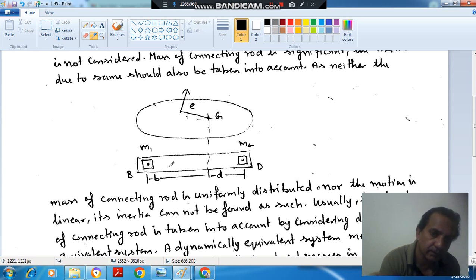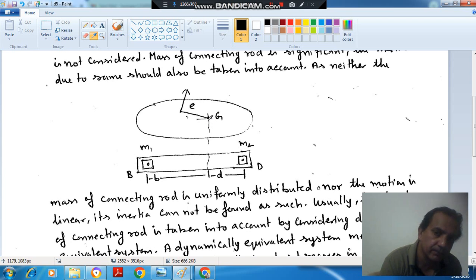If this is the center of gravity, with a mass placed at one end and another mass placed at the other end, then m1 b should be equal to m2 d. That is the second condition: the center of gravity of these two masses should be the same, or there should be no unbalance when the force is not applied.